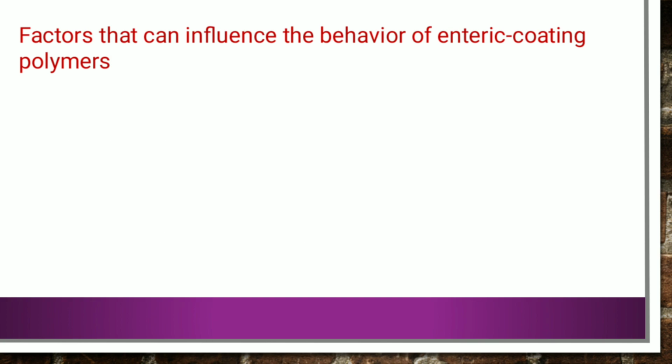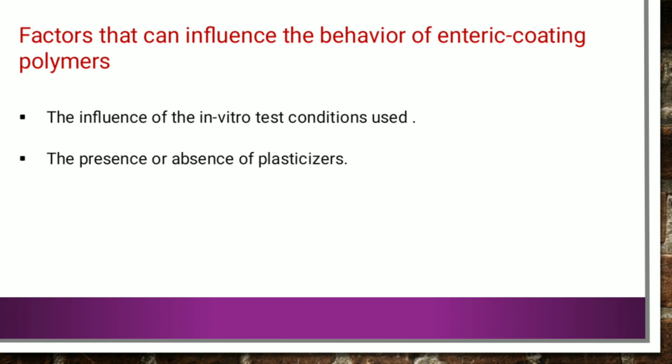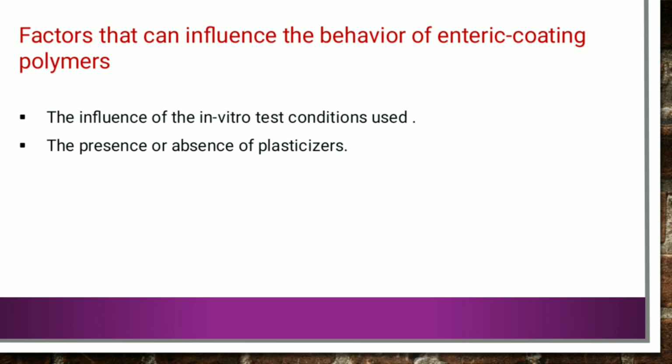Then next is the influence of in vitro test conditions used, like pH and ionic strength of the test solution, as well as the agitation rate used in the test. Then the next one is presence or absence of plasticizers, again it influences.